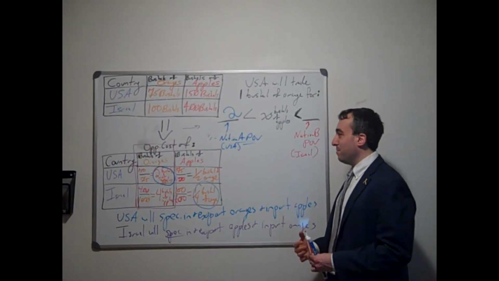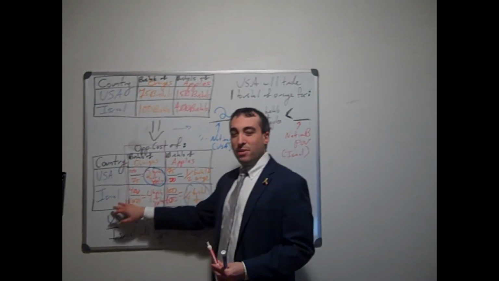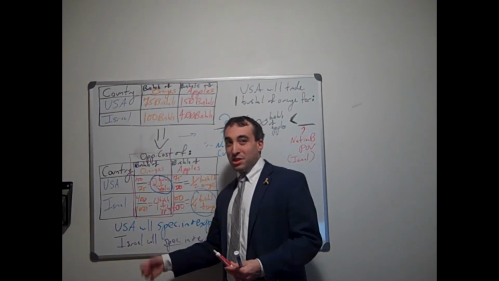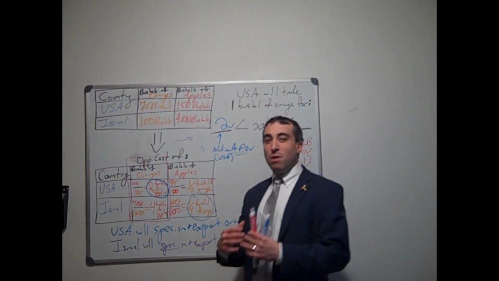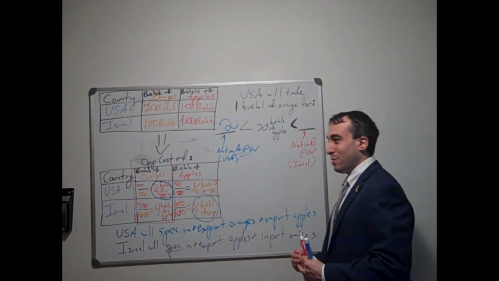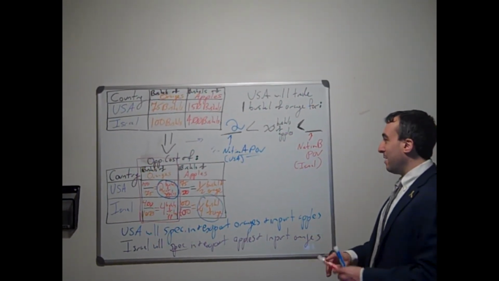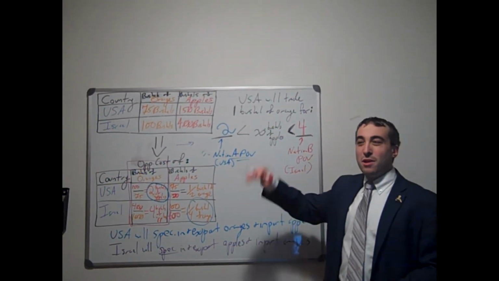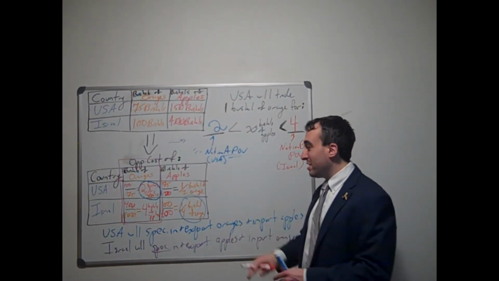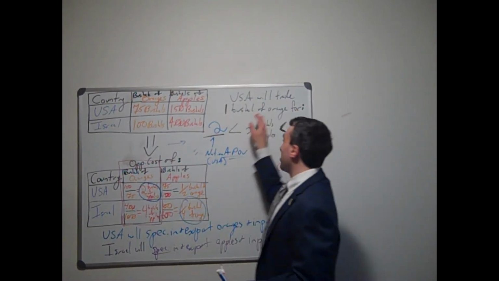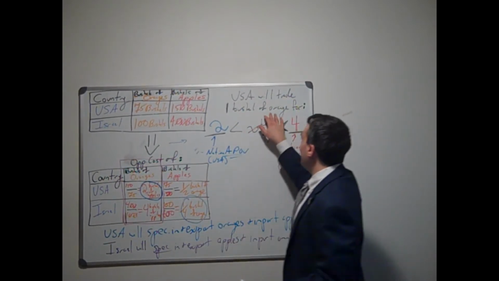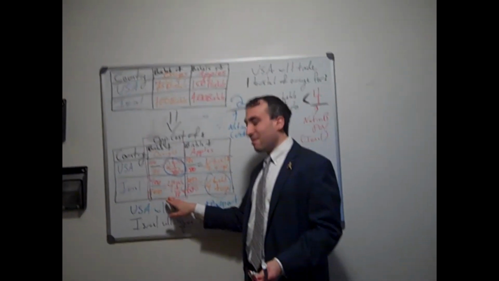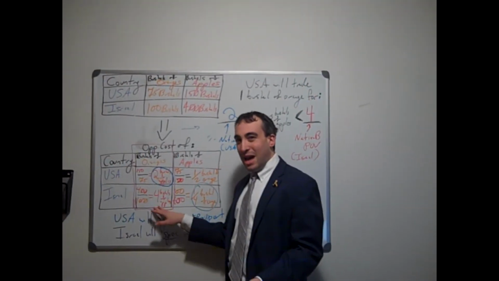From Israel's point of view, to get 1 bushel of orange, it sacrifices 4 bushels of apples. So for Israel to benefit, it would want a number that is below its opportunity cost. Israel would benefit if it trades less than 4 apples for 1 bushel of orange. Because to get 1 bushel of orange, normally Israel would have to sacrifice 4 bushels of apples.